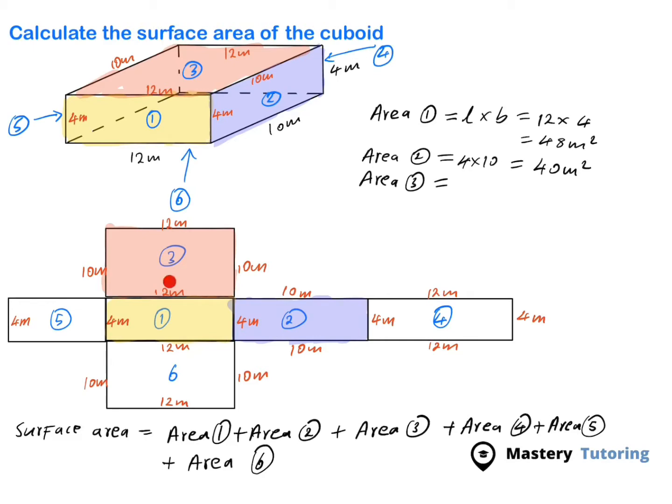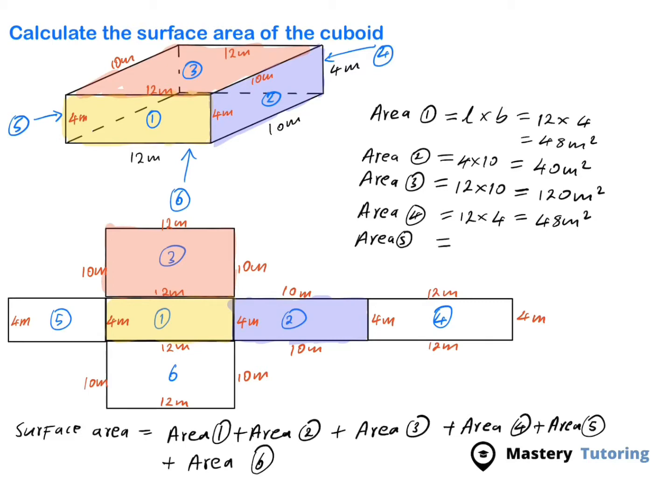Area 3 is going to be 12 times 10, because those are the sides. 12 times 10, which ultimately becomes 120 meter squared. Area 4 is going to be, so this is area 4, it's 12 times 4. 12 times 4, which gives us 48 meters squared.